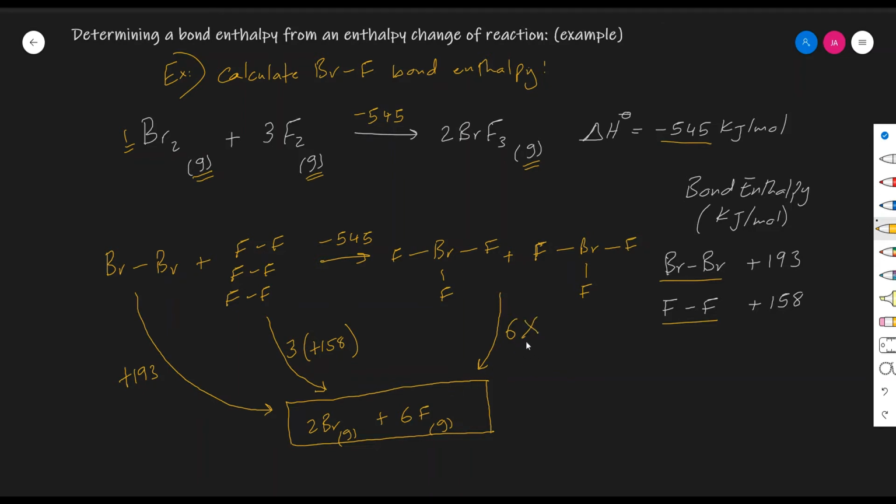The next step would be to solve for x by moving through the cycle from the reactants to the products, which produces this value over here.